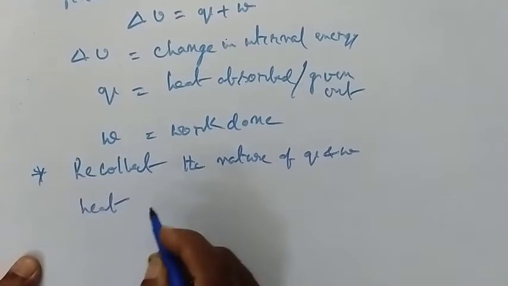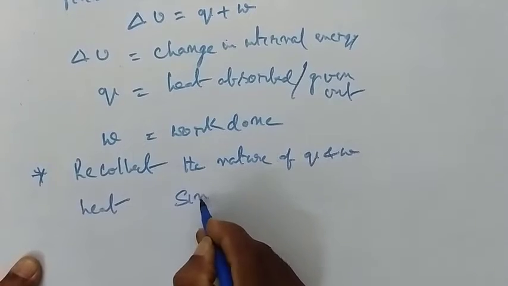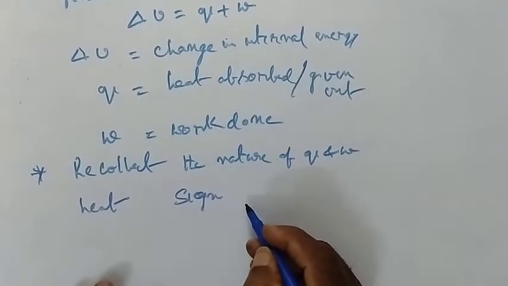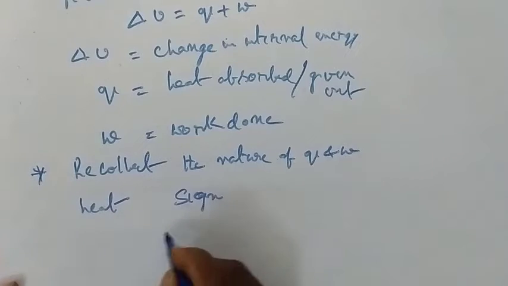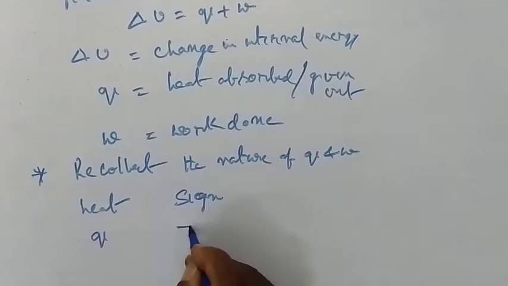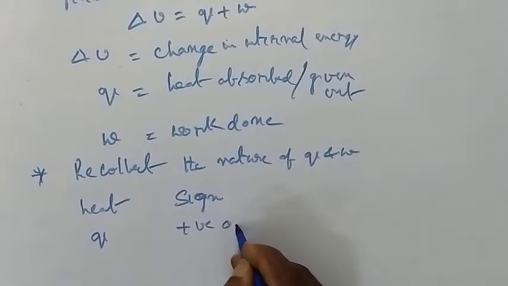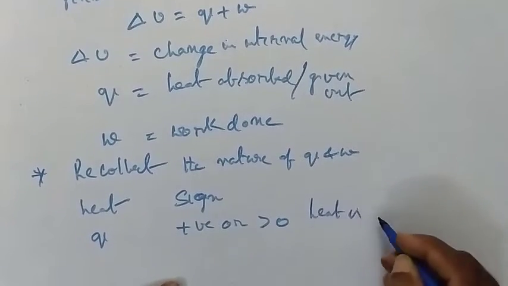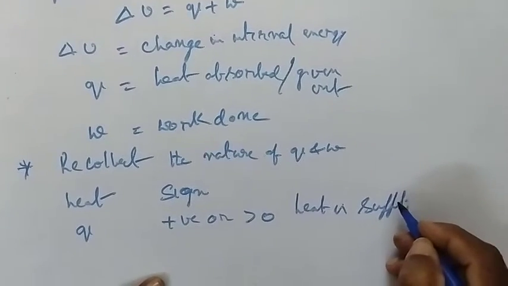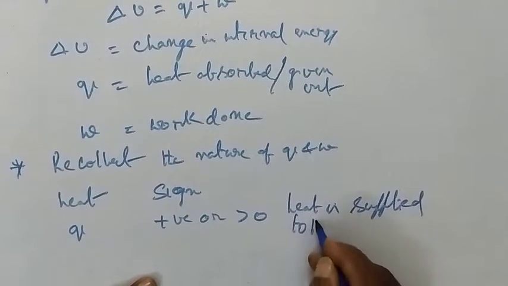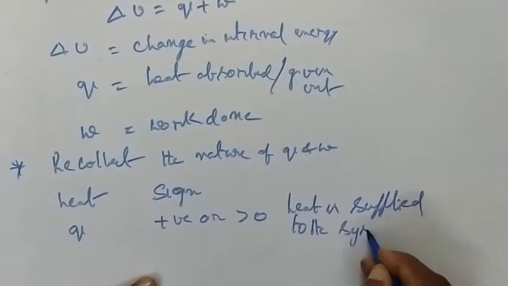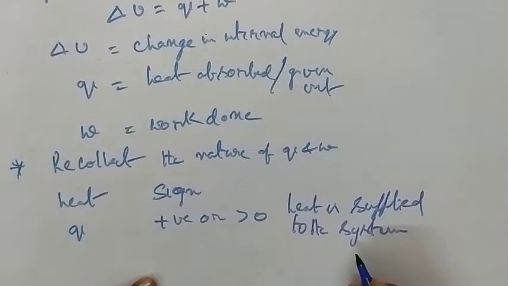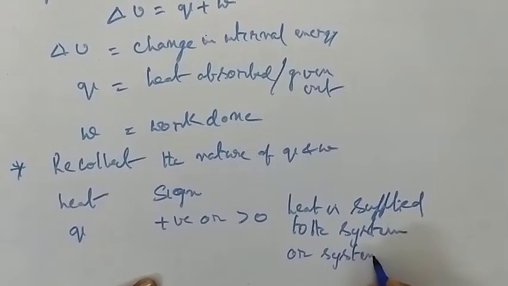So, the sign of the heat. Q is positive or greater than 0, indicates that heat is supplied to the system, or the system absorbs heat.